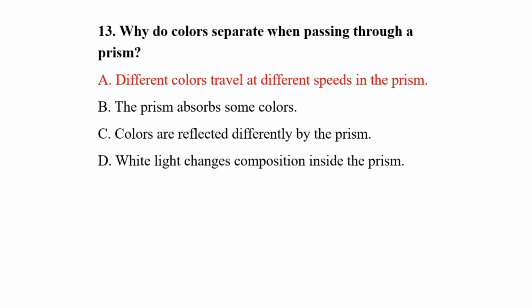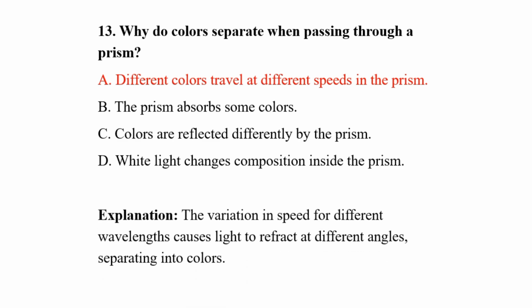The answer is different colors travel at different speeds in the prism. The variation in speed for different wavelengths causes light to refract at different angles, separating into colors.